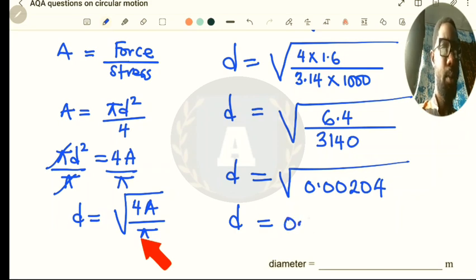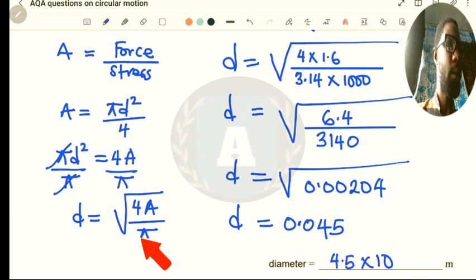That is 0.045. So the diameter is 0.045, which is the same thing as 4.5 times 10 to the power of minus 2 meters.